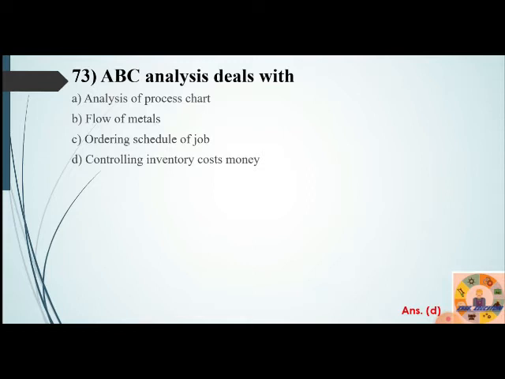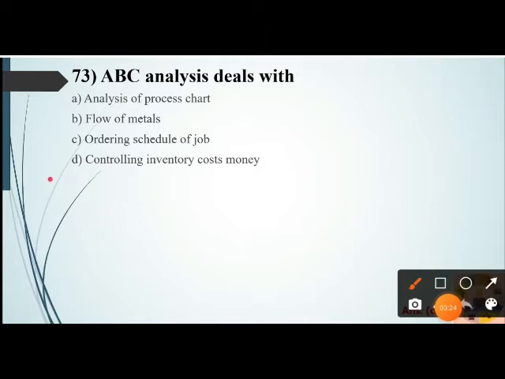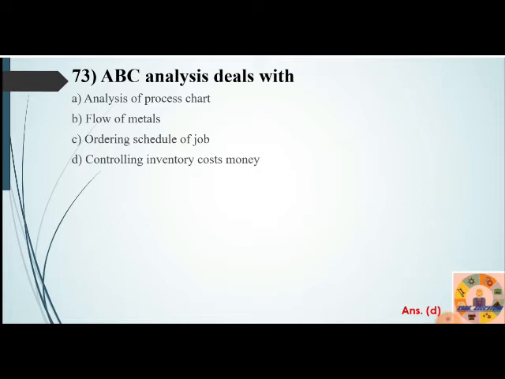The right answer for this question will be option D, controlling inventory costs money, because we know the ABC analysis, that is the always better control, is also known as the Pareto rule or 80-20 rule, which helps in segregating the items from one another and tells how much valued the item is and controlling it to what extent is in the interest of the organization. So the right answer for this question will be option D.